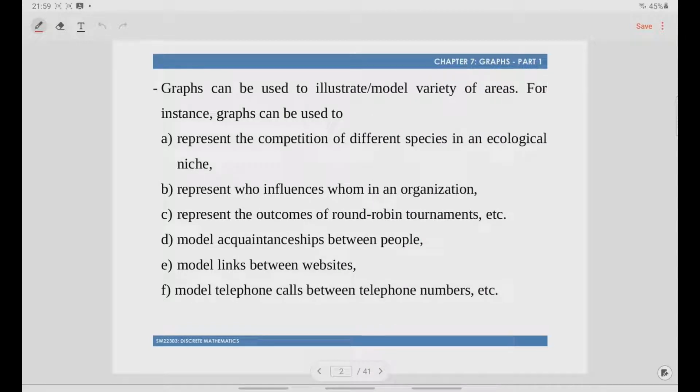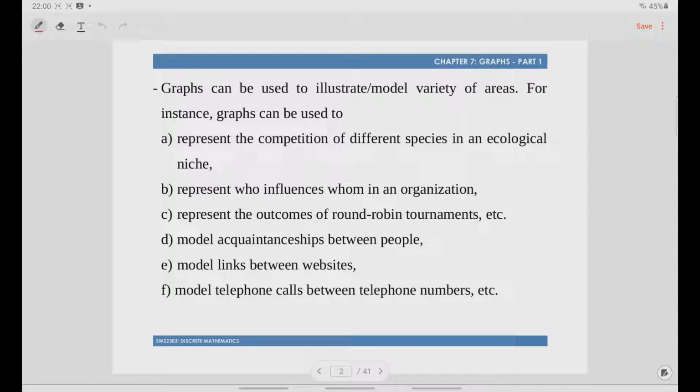So the application of graphs, there are a lot of applications of graphs. Okay, so graphs can be used to illustrate and also to model a variety of areas. I'll give you some examples. Graphs can be used to represent the competition of different species in an ecological niche. Other than that, graphs also can be used to represent who influences whom in an organization.